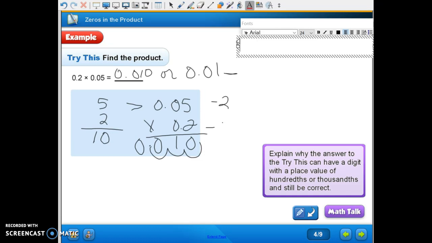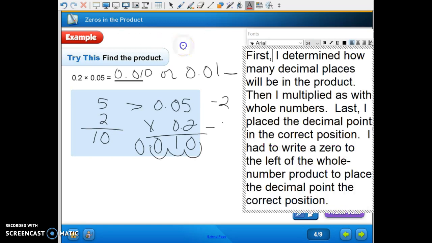Okay, let's look and let's talk about what steps did you take to find the product. First we did what? We figured out how many decimal places we were going to need in the product. Then we multiplied as whole numbers. And last we placed the decimal point in the correct position. Then we had to write a 0 to the left of the decimal point of the whole number product to place the decimal point in the correct position.